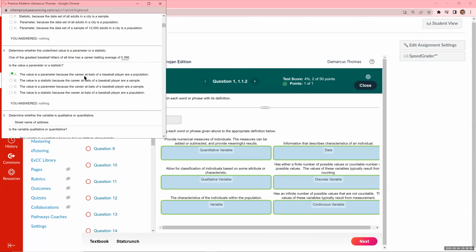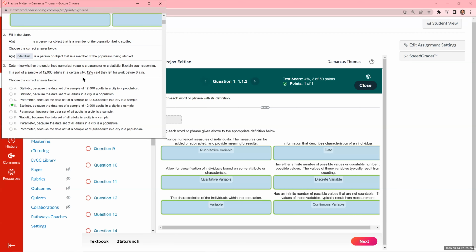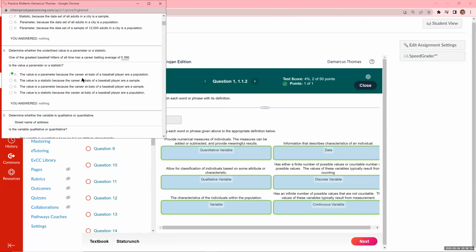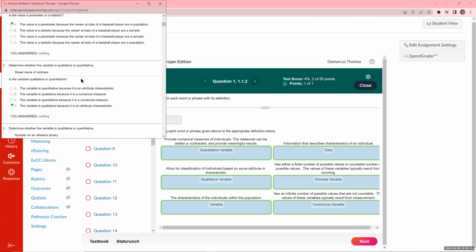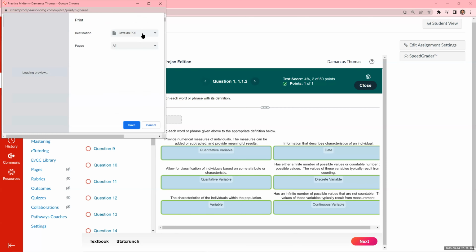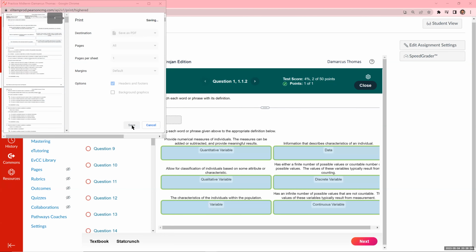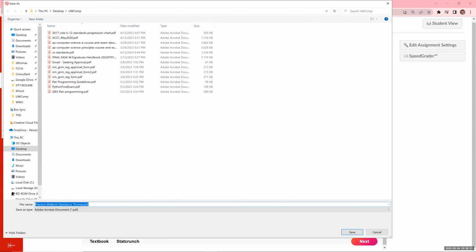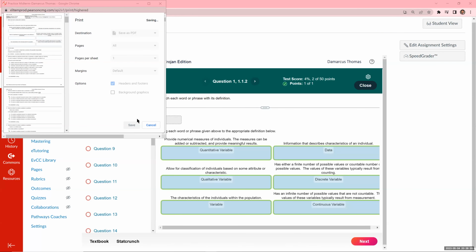All right. It takes a while. I can choose letter. I can save it as a PDF with my print. Oh, I probably could have, since I have OneNote open, I probably could have just printed it to OneNote. That's an option for Windows.